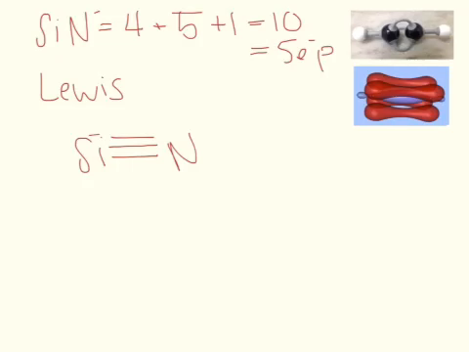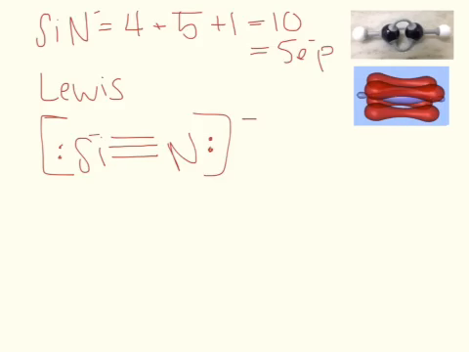We still have 2 more left, and those go 1 for nitrogen and 1 for silicon. Because this is an ion, we can't forget to include the brackets along with the negative charge. Now we can see that there is a full octet.